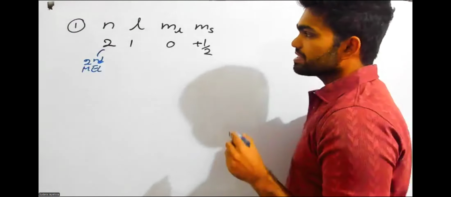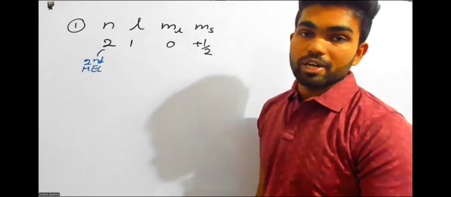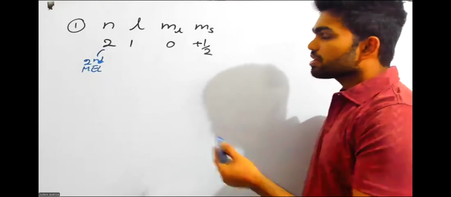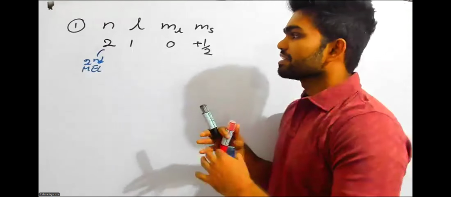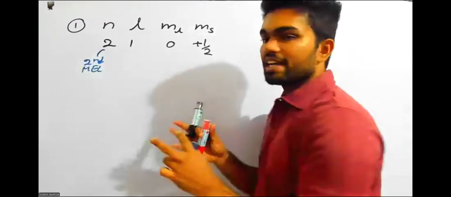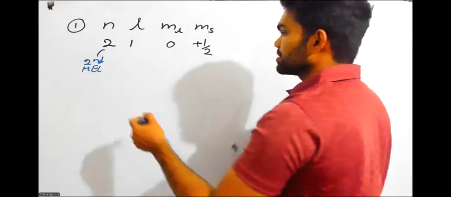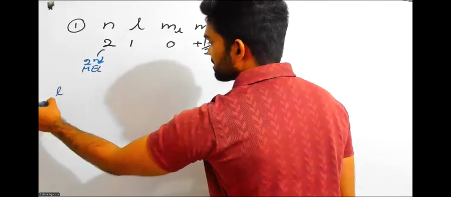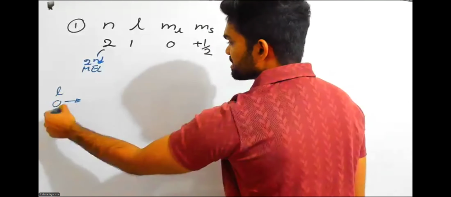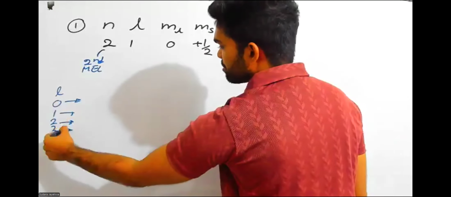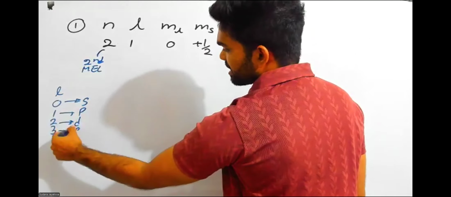Okay, and then our second quantum number l, we call it the azimuthal quantum number. The azimuthal quantum number represents the shape of the orbital, or if you put these two together, we can say it is showing you the sub-energy level. There are possible l values. The l value can be 0, 1, 2, 3 like that, and the sub-energy levels, the types of the orbitals, will be s, p, d, f like that.